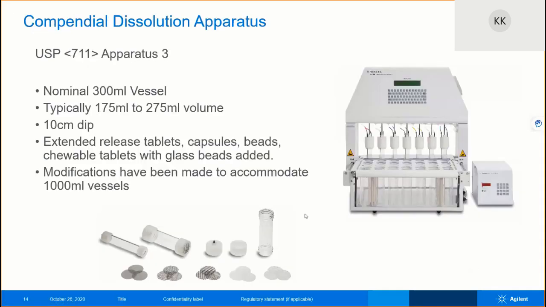So now when you are running into major challenges with your apparatus 1 and 2, you would go to the next instrument, which is the apparatus 3. You have a vessel size of about 300 milliliters, but your working volume is about 175 to 275 milliliters in volume.